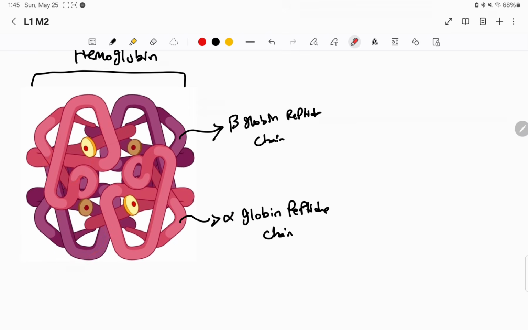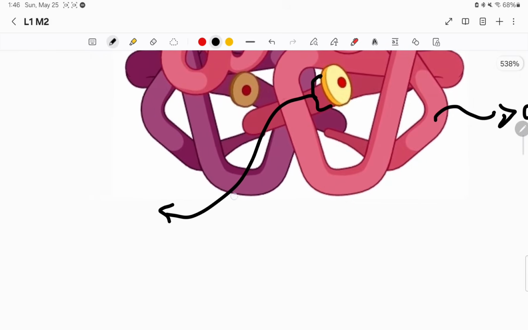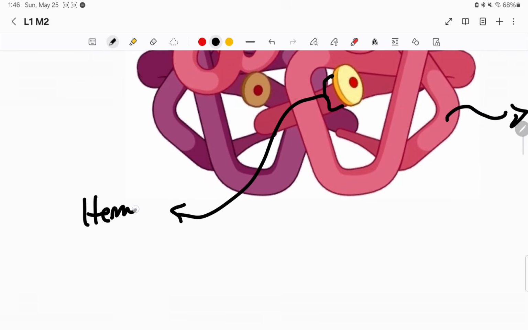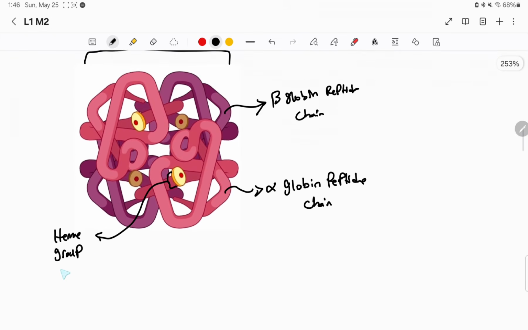So in total, it is made up of 4 globin peptide chains, 2 alphas, 2 betas. Now, each one of these contains this molecule inside of it, right here in yellow, which is called a heme group. Now, heme is a pigment, and it's actually a red pigment. This is why our red blood cells appear red, and this is why our blood appears red.